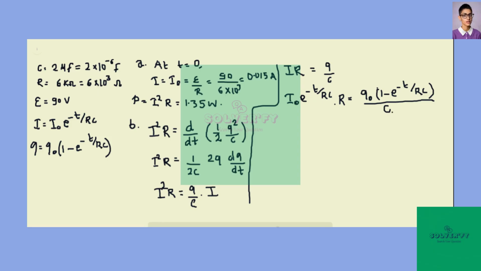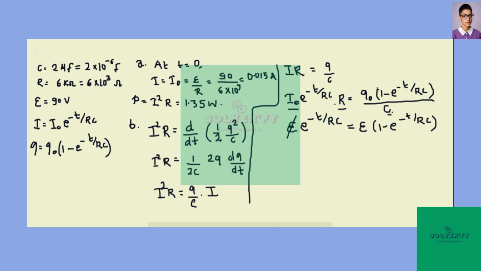So what can we do next? Now I naught into R and Q naught by C. So what is I naught into R? The maximum current that flows into R is E, right? So E times e to the power minus t by RC is equal to Q naught by C, which is also E, the maximum charge over our capacitance, times 1 minus e to the power minus t by RC.